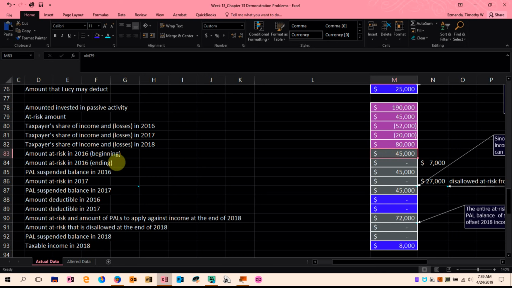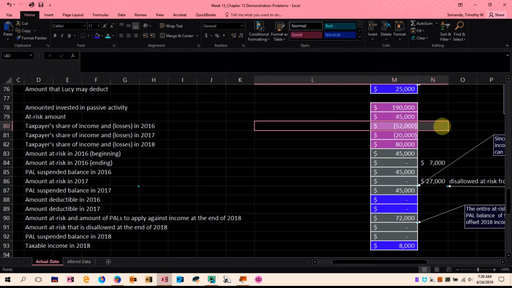All right, so let's demonstrate what this looks like. We're told that we have a $45,000 at-risk amount at the beginning of 2016. So right now I'm just looking at the first test, the at-risk test. Okay, we're given the $45,000. The amount at risk at the end of 2016, however, is 0. And why do we go from $45,000 to 0? Because the $52,000 loss essentially consumed all of our at-risk amount.